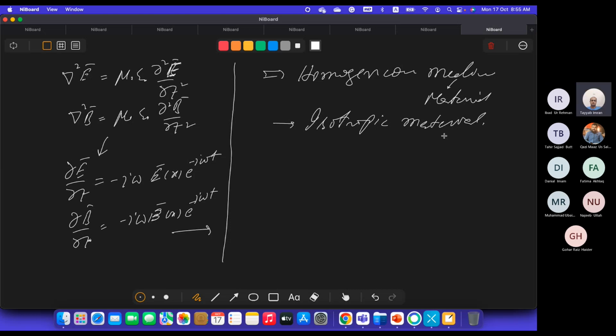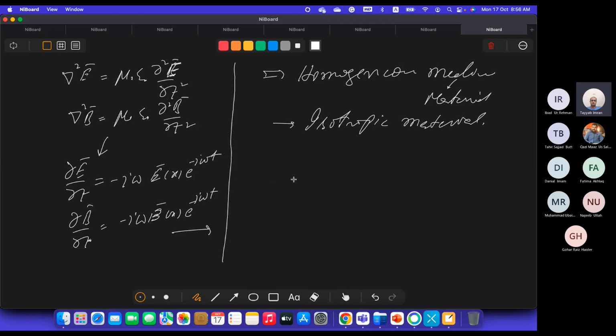In isotropic material, what we see is the response of the material or medium, mostly you can call it material, the response of the material to the field. If some field is applied, what is the response of that material or medium?